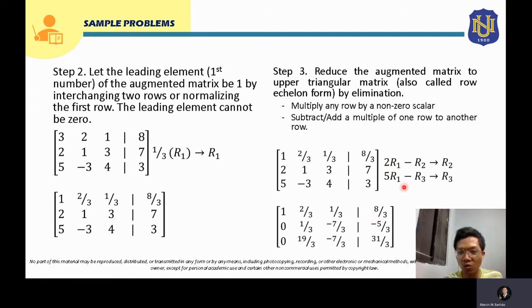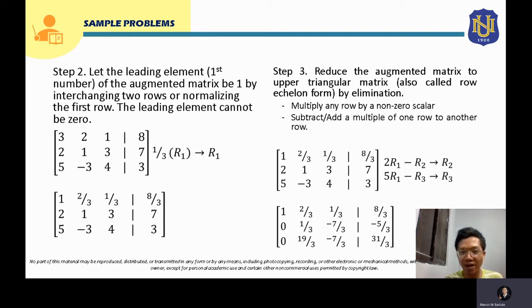Now, for this equation, so 5 times R1, so that will be 5 times 1 minus R3, which is 5. So that will be 5 times 1 minus 5. So that will be 0. And then 5 times 2/3 minus negative 3. So that will be 19/3.